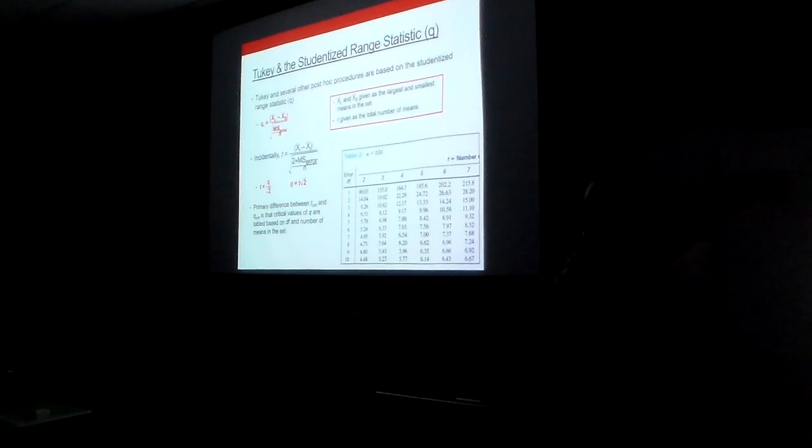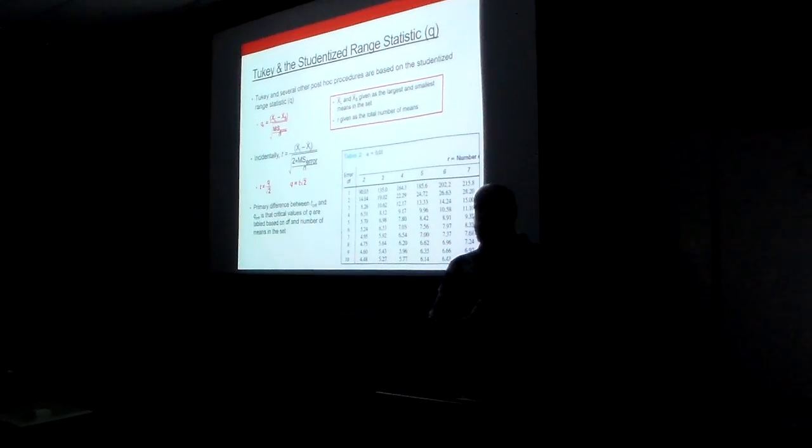So if I've got 3, I've got 3 times 2 is 6, divided by 2 is 3, right? If I've got 4 means, how many unique pairwise comparisons can I make? 6, right? With 5? 10, right? So Tukey is correcting for, it's assuming that you're going to make all possible pairwise comparisons. So as we increase, the number of tests that you're correcting for increases.